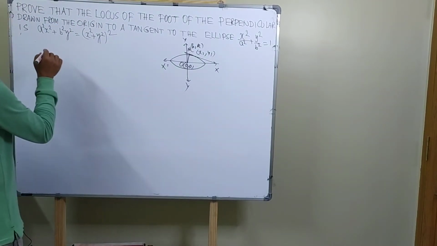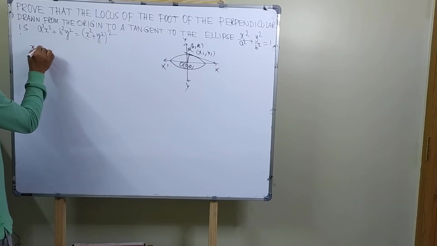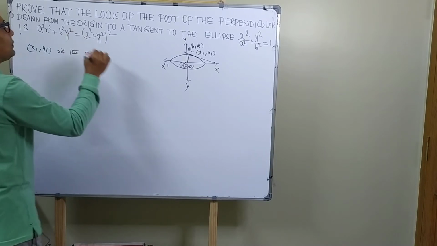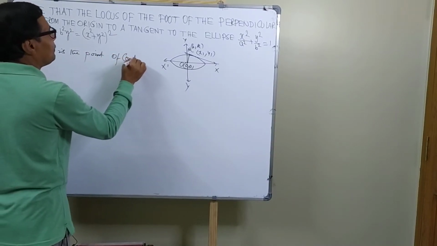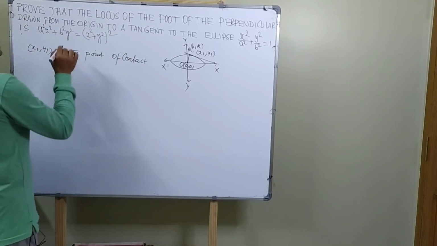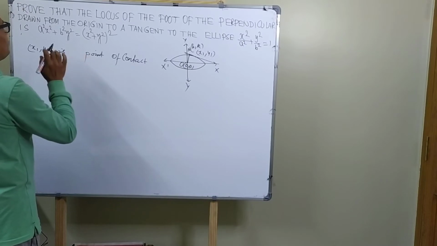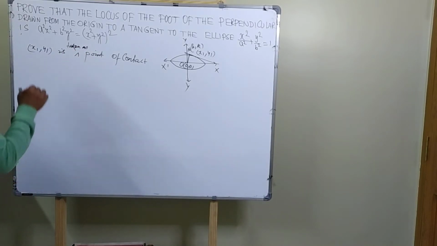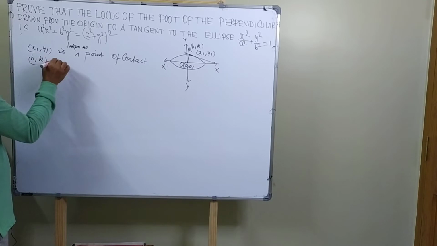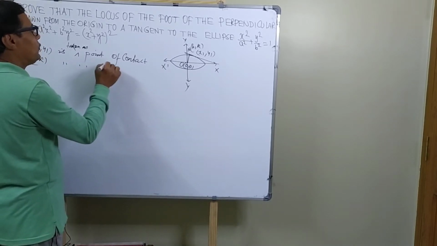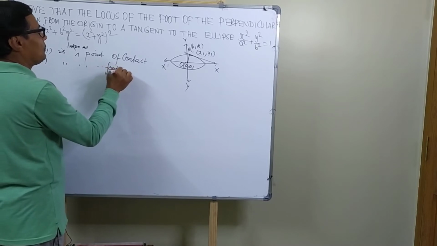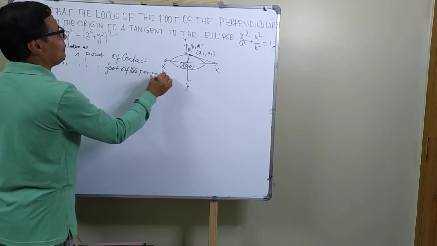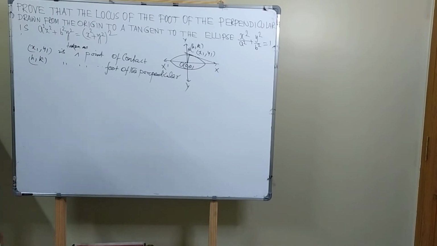So we write x1 y1 is the point of contact. h k is taken as foot of the perpendicular.